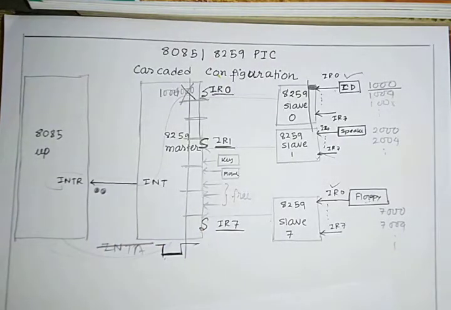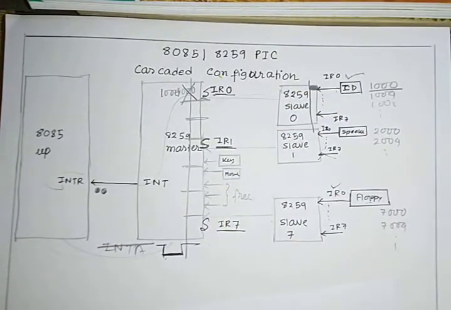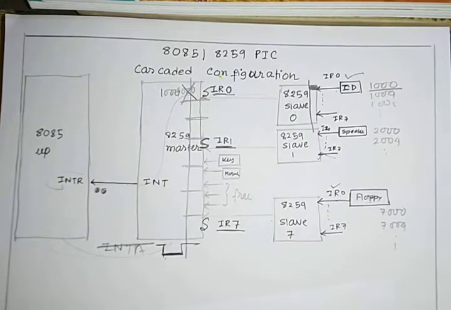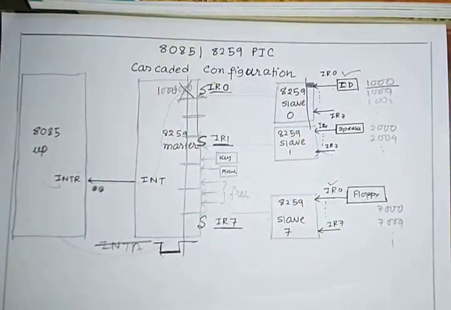Now the opcode for the call instruction in every slave is the same. But the problem starts when the second INTA bar signal comes, because it will ask for the lower address. The master knows which one has to be selected. So it is the task of the master to inform the slave who is being selected.